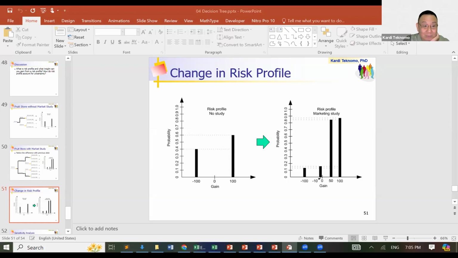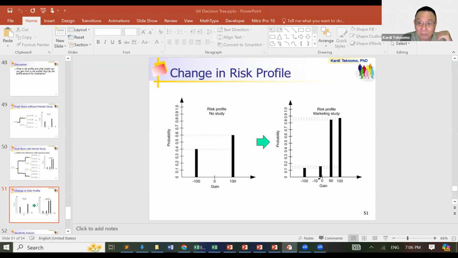Now you can start to see, having the market study actually spreads the distribution, lowering this part. So instead of 40% here, it now becomes much smaller.